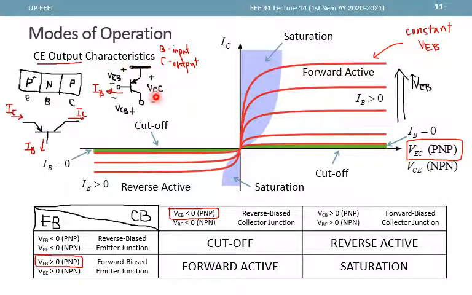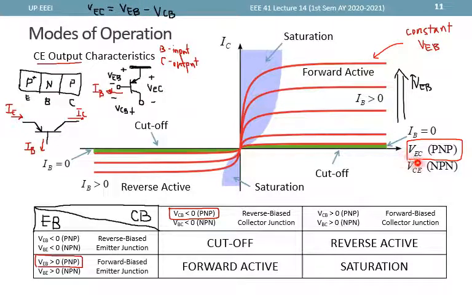And if we perform our KVL right here and solve for VEC, which is the x-axis here, then we would get this equation: VEC is equal to VEB minus VCB. Now, note that for each of these lines, VEB is constant, so this term is fixed.